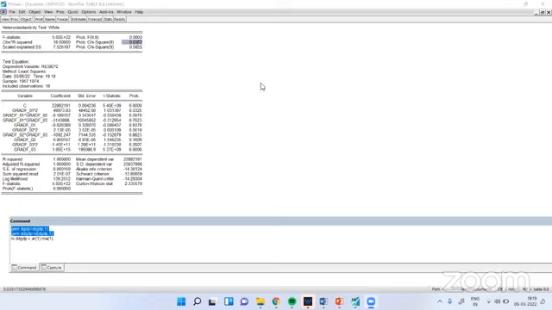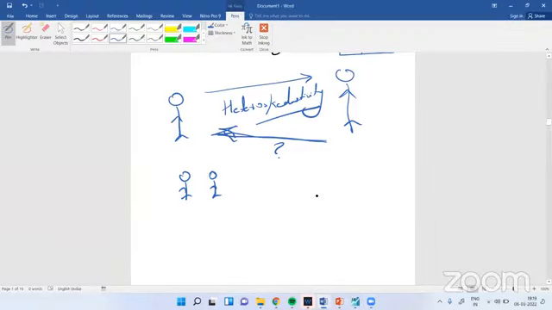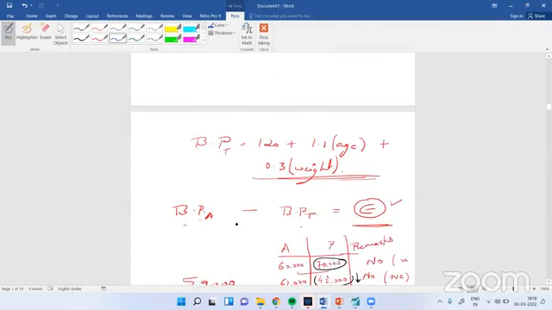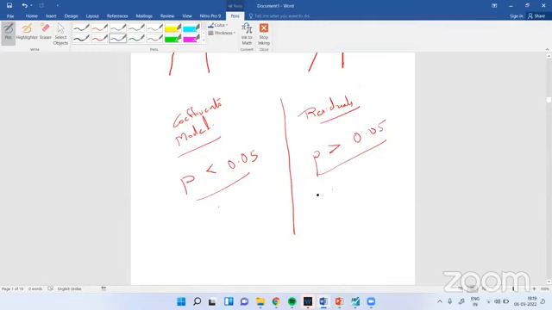Right. Very nice. Now, what are the null hypotheses of all these tests? And why do we go for such a thing that the p-value should be more than 0.05?